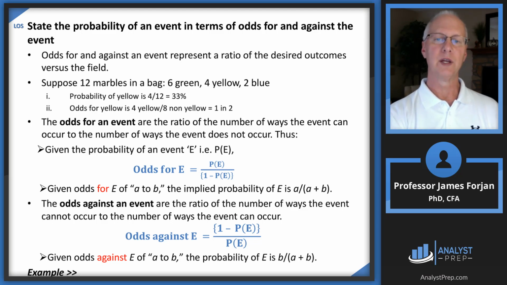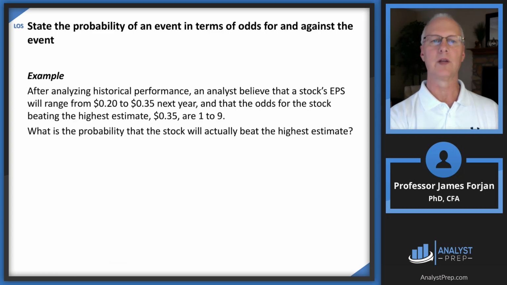So make sure you can distinguish between a probability, which is going to be like 33% in this example, and the odds, which might be 1 in 2 or 1 in 1 or 1 in 5 or 1 in 10 or some number like that. And here are the formulas that the Institute gives you in their materials, but it's probably good to do just another quick example here.